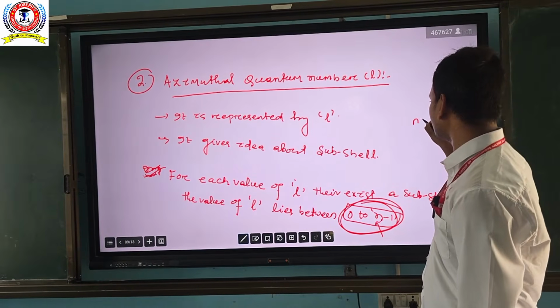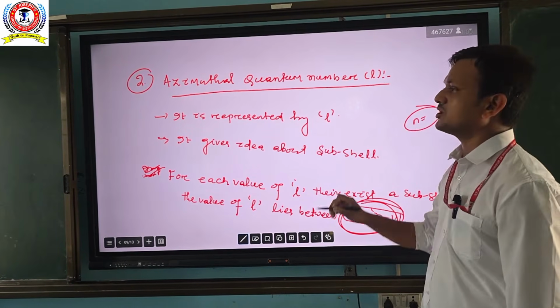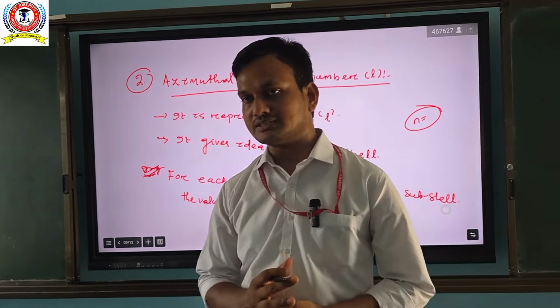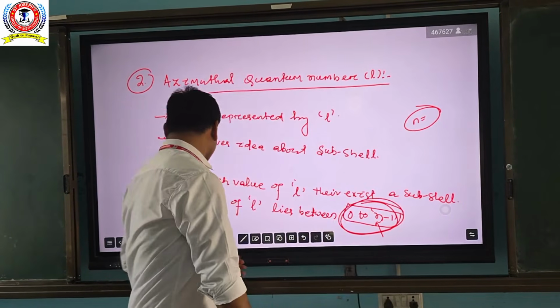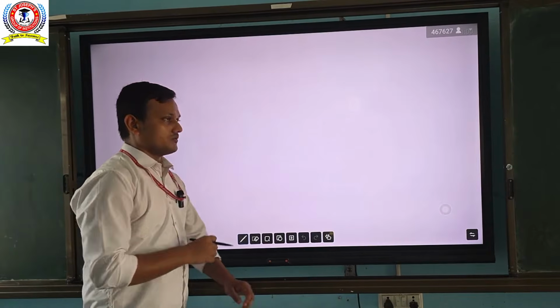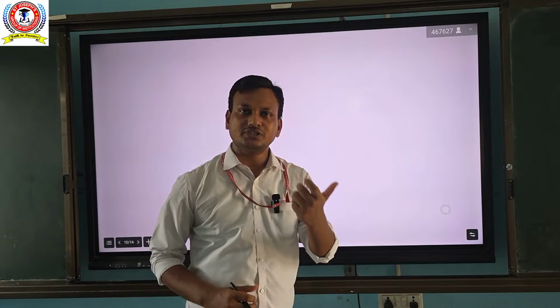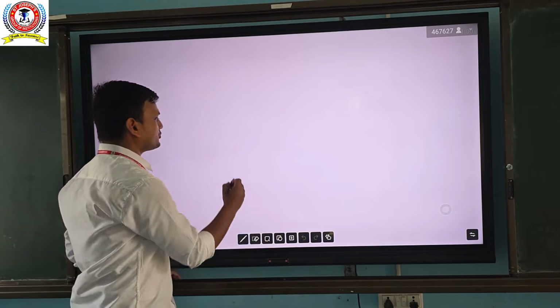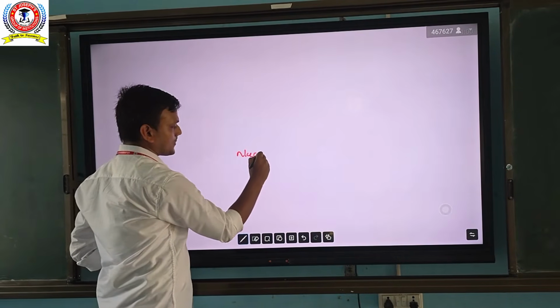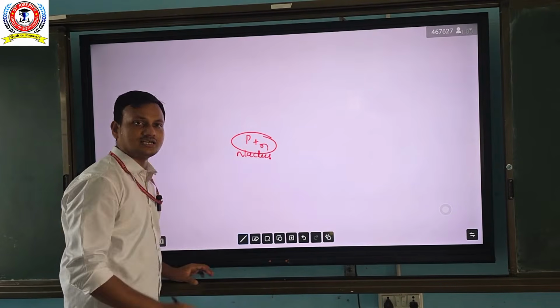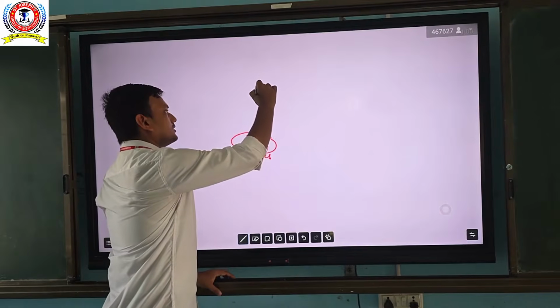Also, we know that n represents the cell number. That means n equal to 1 is the first cell, n equal to 2 is the second cell, and n equal to 3 is the third cell. Now, we discuss the subcell present within the cell. Suppose this is your nucleus, with proton and neutron present inside the nucleus.